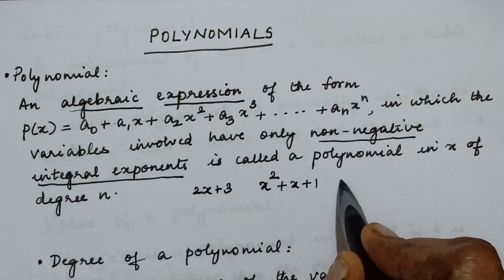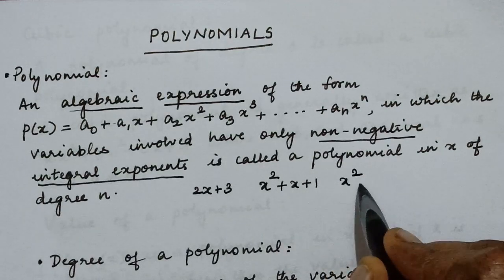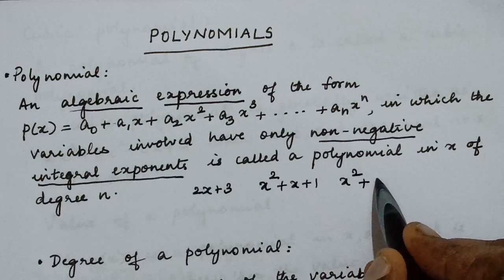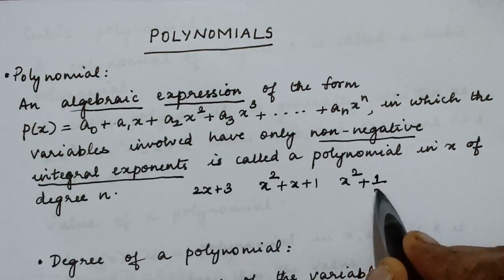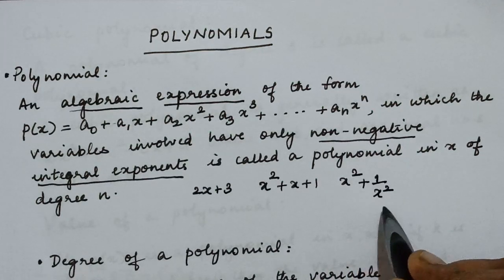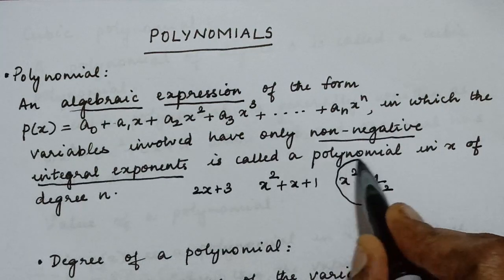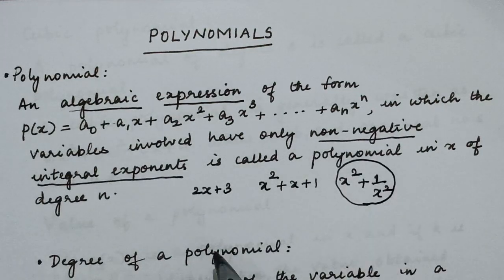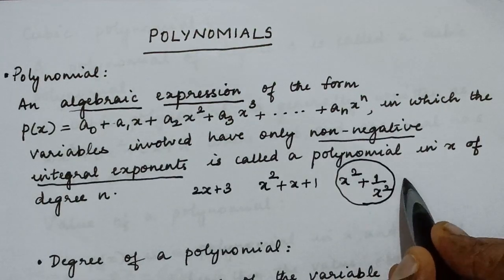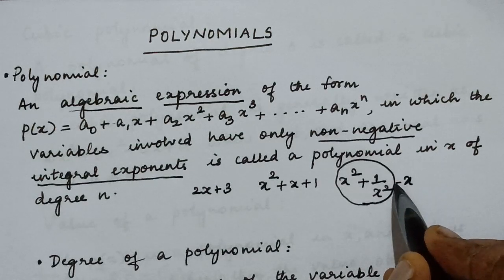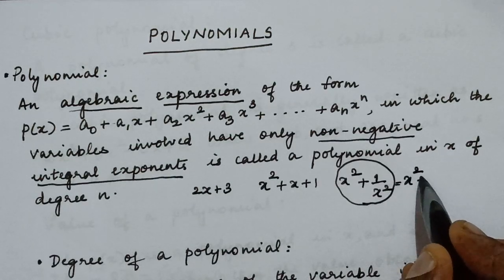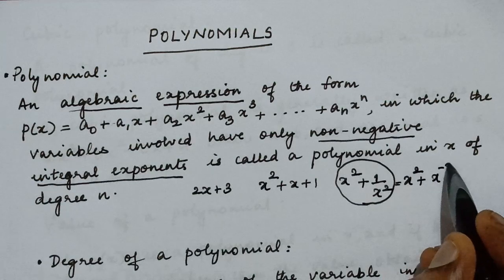Now x squared plus 1 by x squared, if I write this, is not a polynomial. Why? Because this can be written as x squared plus x raised to minus 2.